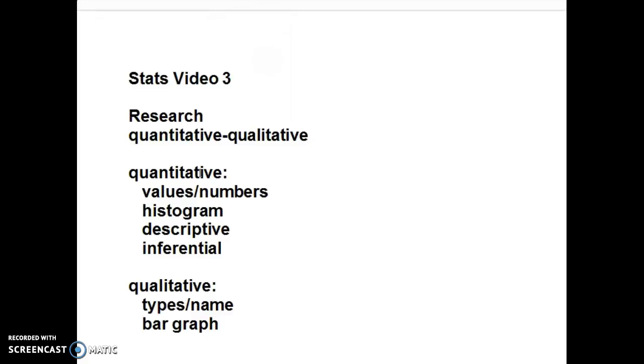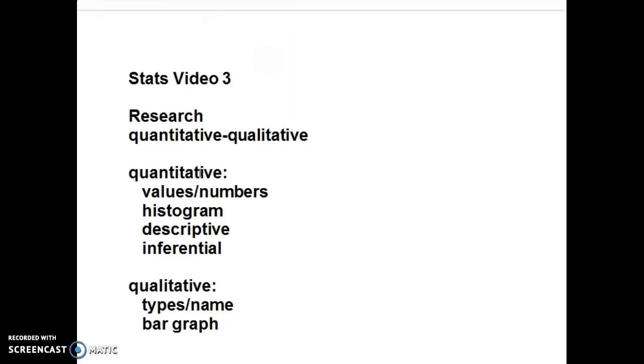And for qualitative research then, we could ask, what are some of the favorite hobbies that your children have? Another quantitative question is, how much money do you make an hour at work? That would be quantitative because it involves numbers. Qualitative research would be, what are the types of things that you do at work?